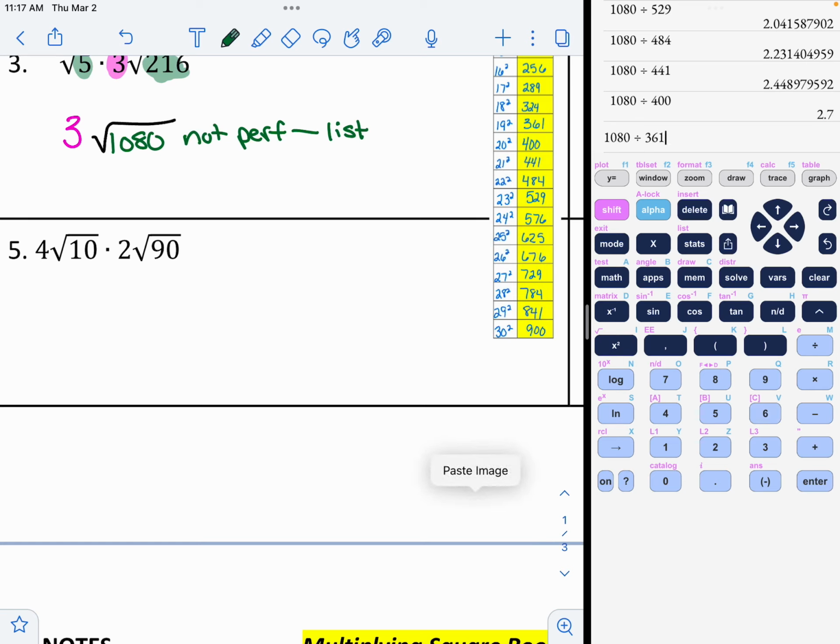Just making my way through the list as I've done in previous lessons. 1080 divided by 324. 1080 divided by 289. 1080 divided by 256.